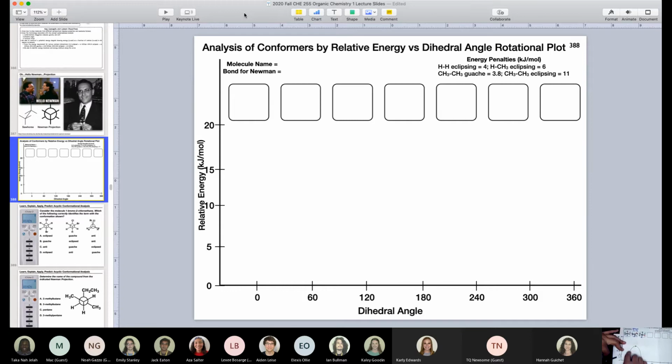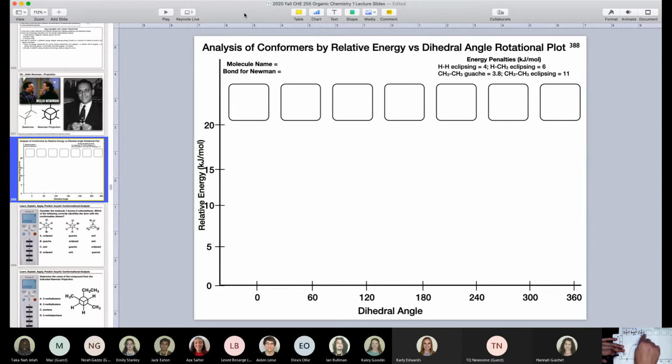So what does this curve mean? As the bond is rotating, that's when you're encountering these eclipsing interactions. So here we're stable, and as we move up, you're rotating to eclipsed.